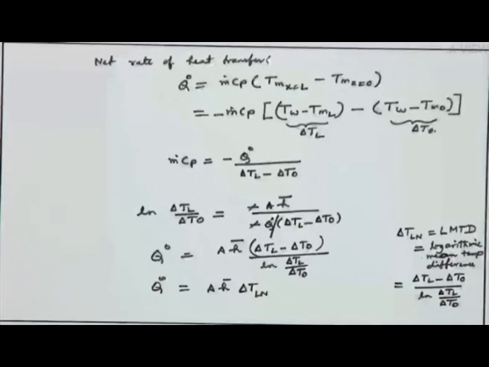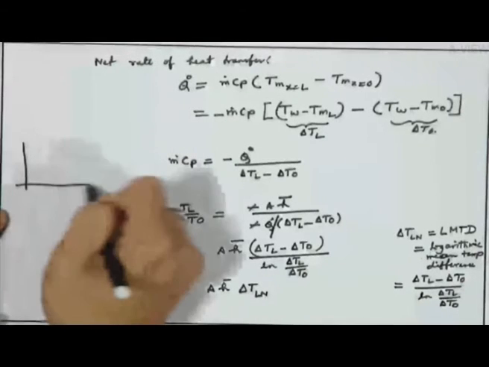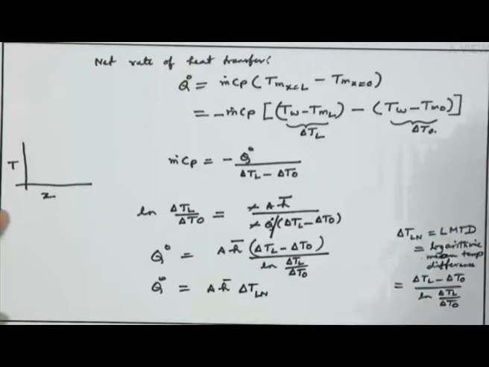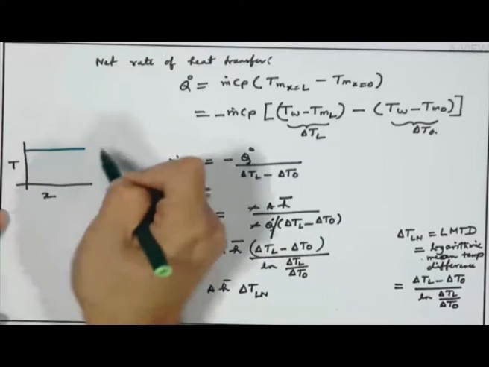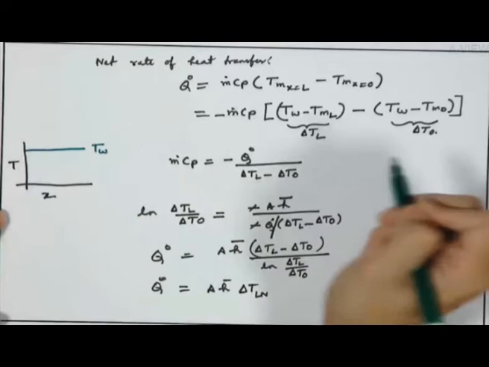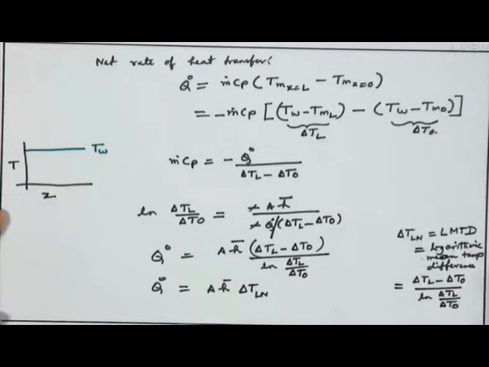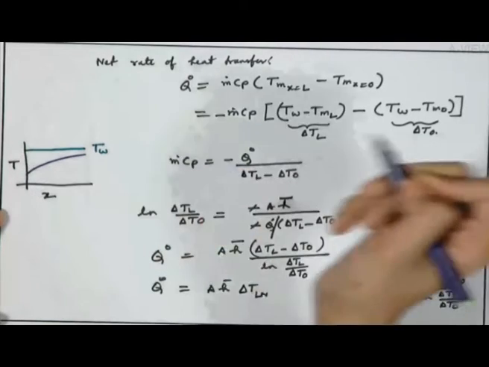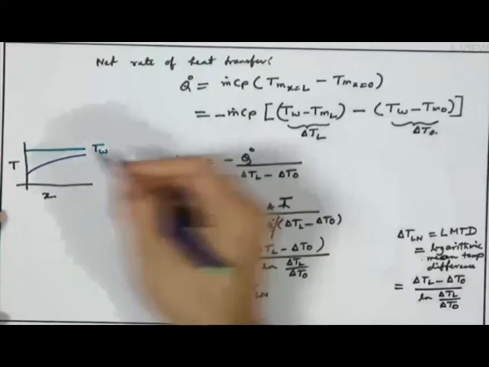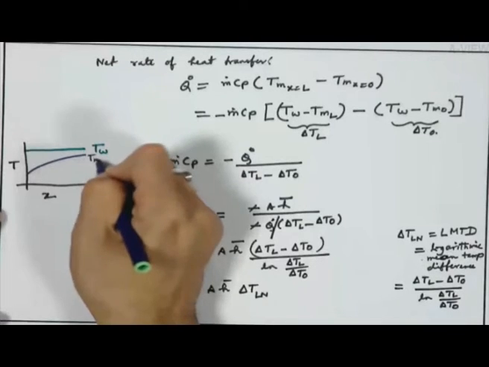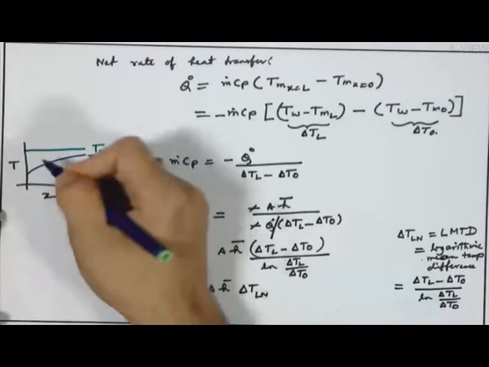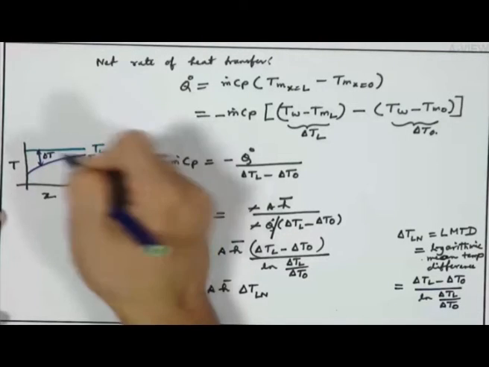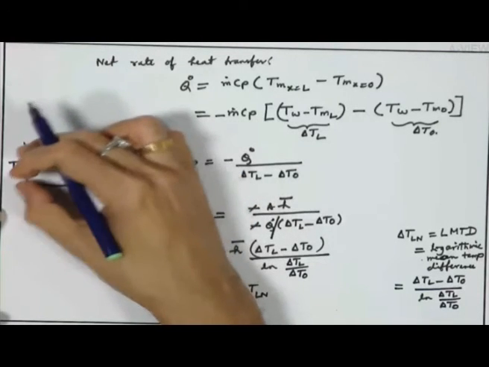So, why is it necessary? Now, if you draw the temperature as a function of x, this is T wall, and the fluid temperature Tm as a function of x is like this. So, you can see that the temperature difference between the wall and the fluid is continuously changing.